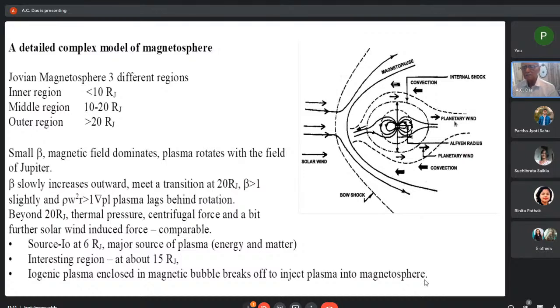Since this plasma is rotating in that region, because the plasma pressure gradient is still large, rotation still exists. Therefore, the plasma from Io, as Io goes around, produces a torus around Jupiter in the magnetosphere. So you get a plasma torus associated with the moon Io.